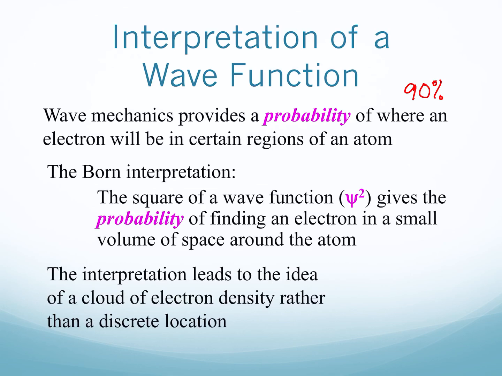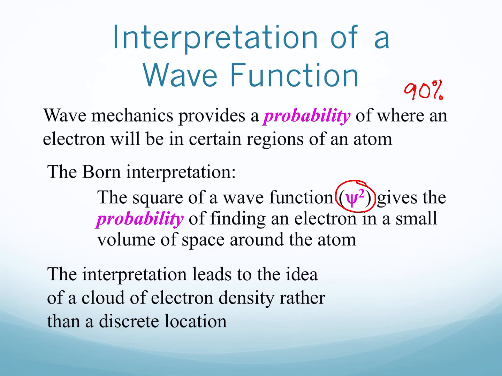So the Born interpretation is that the square of the wave function gives the probability. If we square the wave function, it gives the probability of finding an electron in a small volume of space around the atom.